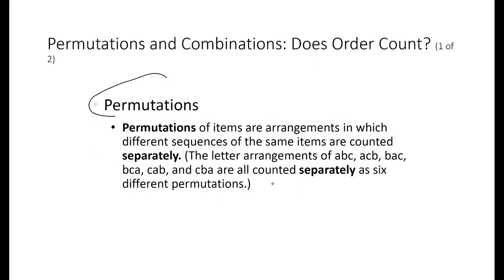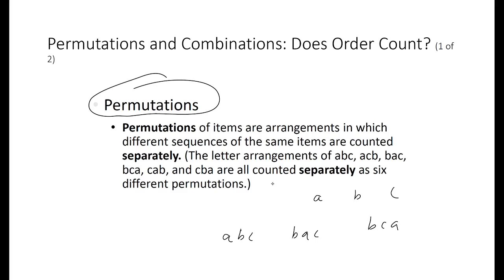Permutation. Permutations of items are arrangements in which different sequences of the same items are counted separately. For example, let's say how many different ways we can arrange a word from the letters A, B, and C. Then you can write down that word as ABC or BAC or BCA.